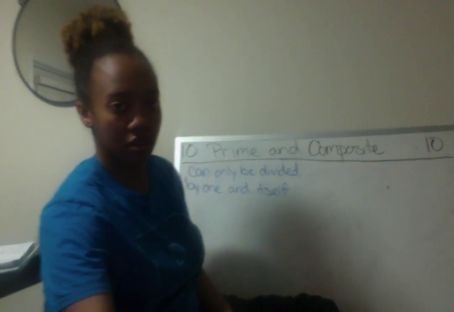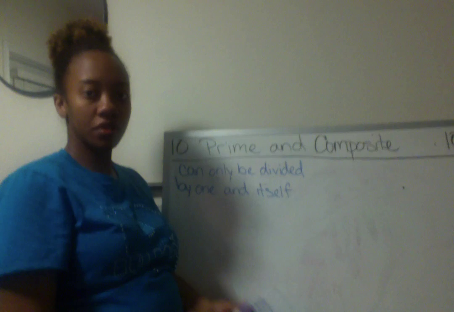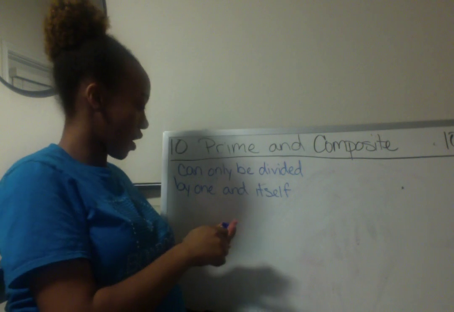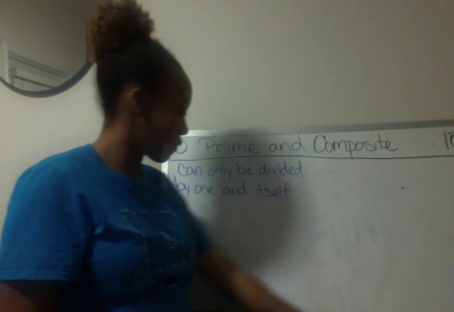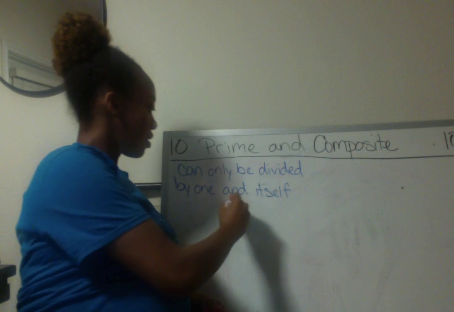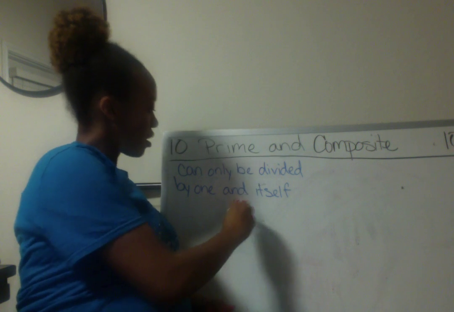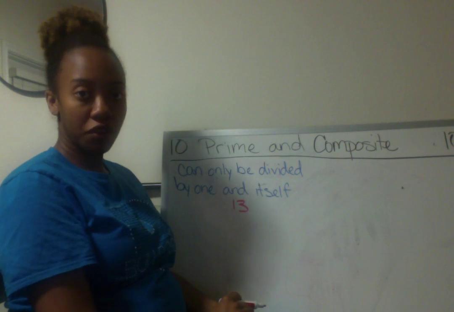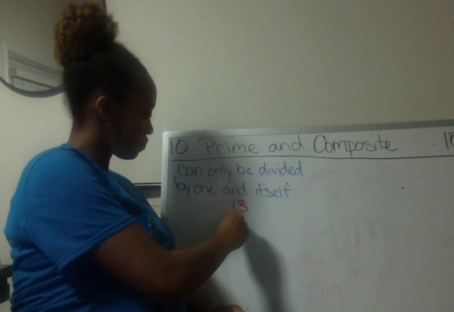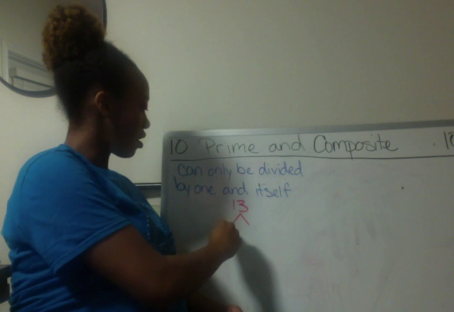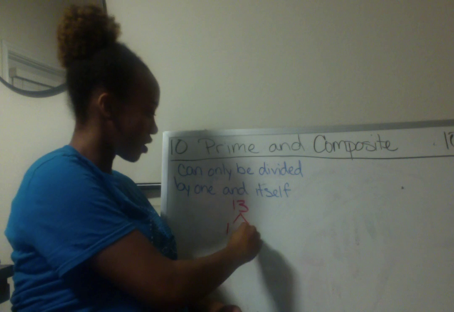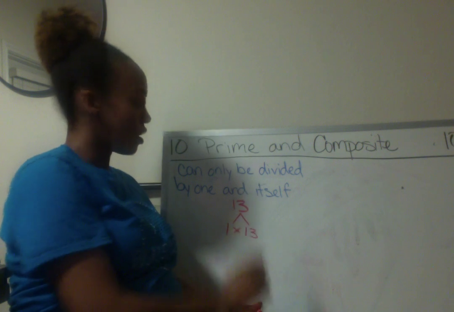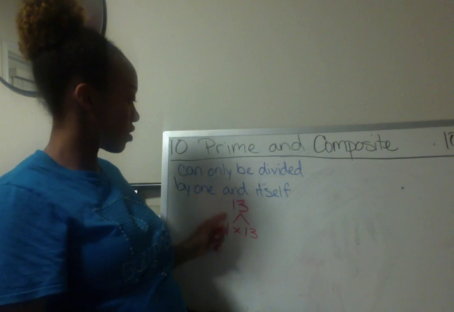Okay, so for example, the number 13. The only factors for 13 are 1 and 13. Nothing else gives me 13.